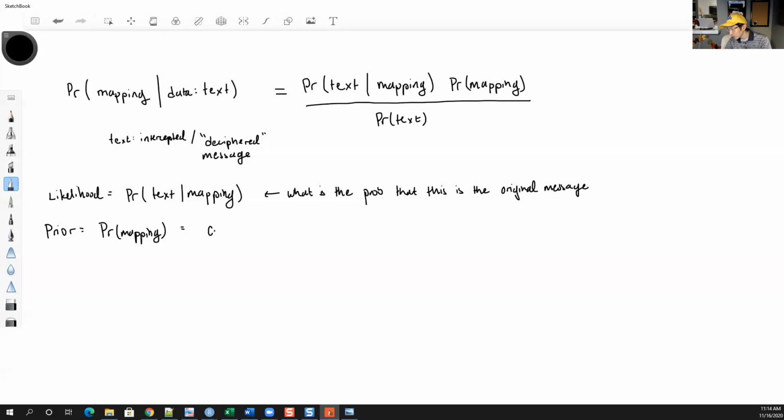So we're going to set the prior to be a constant, and say that prior to looking at the message, all potential letter mappings are equally likely.